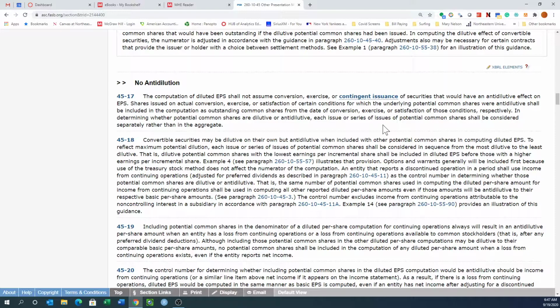Then when I move into other types of securities, not options, not warrants, the conversion items, because there is a numerator effect and a denominator effect, I want to actually take a look and do that little calculation. Get rid of the net income and put in the additional securities in the denominator.